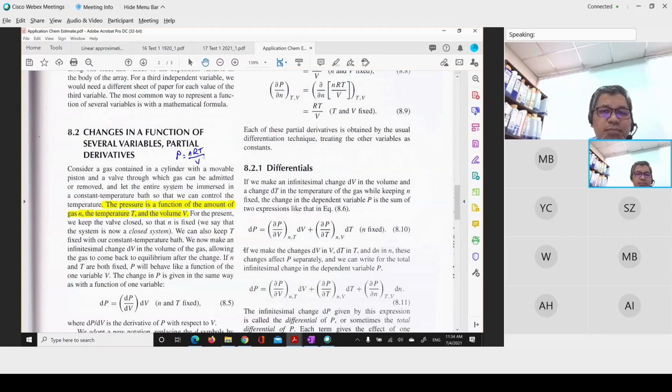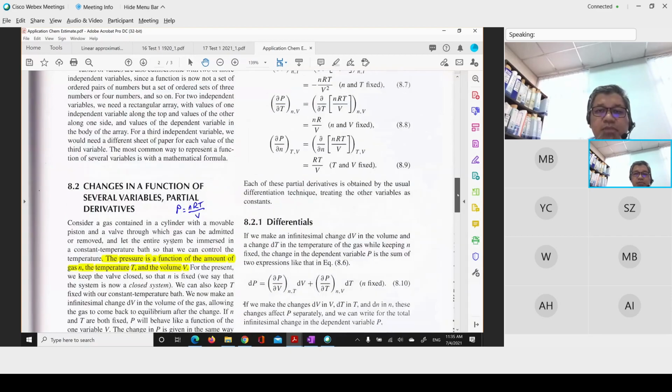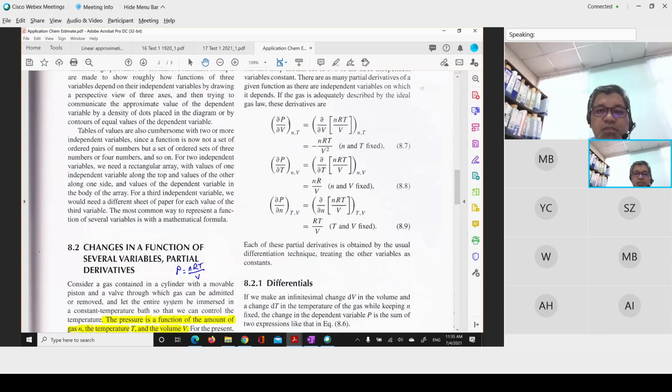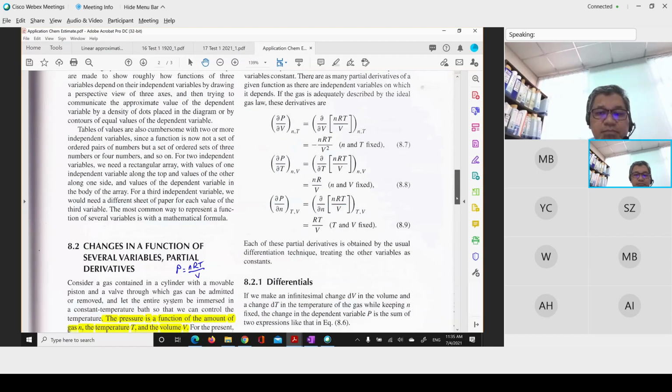So we can think of P as a function of three variables: N, T, and V. Here we are shown the three partial derivatives of P with respect to V, T, and N.